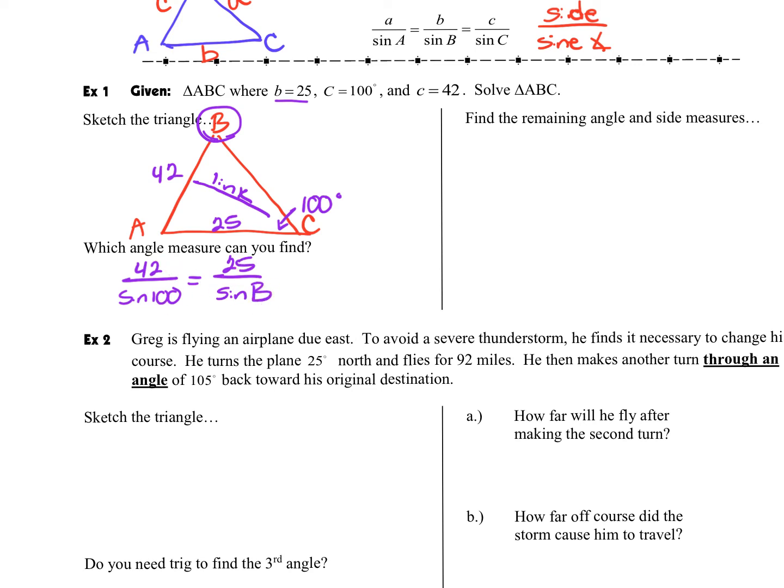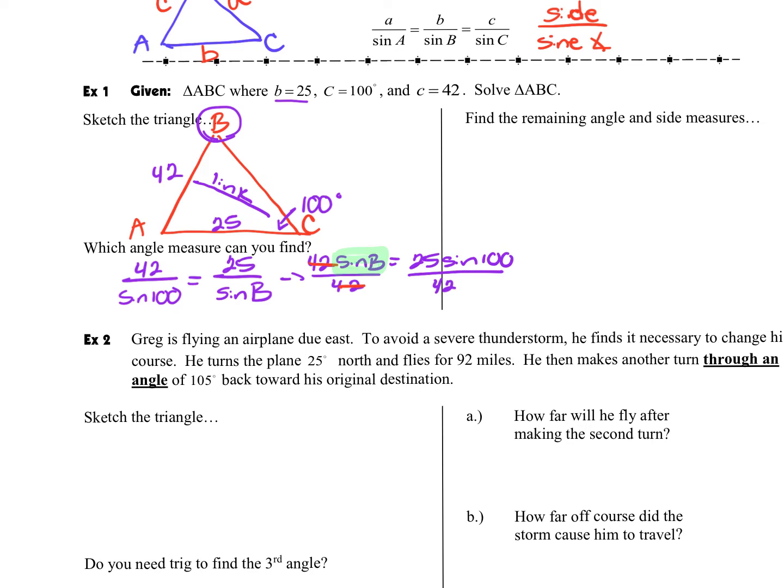So I'm going to cross multiply this problem, and that's going to give me 42 times the sine of B is going to equal 25 times the sine of 100. If I divide both sides by 42, these will cancel, and now I can actually find the measure of angle B.